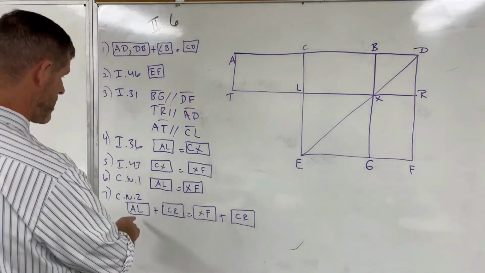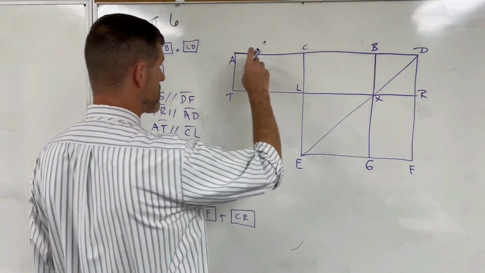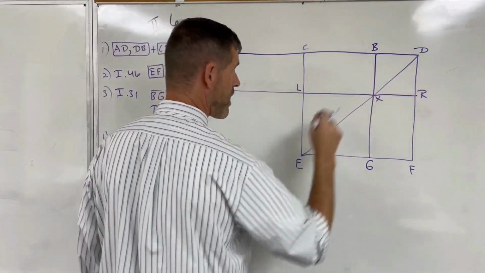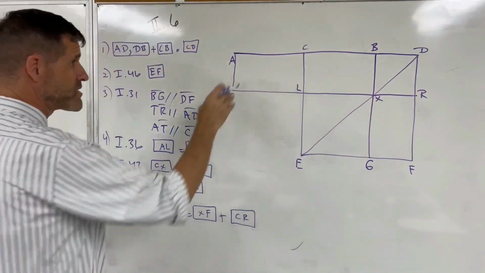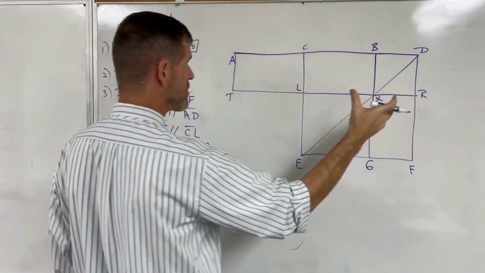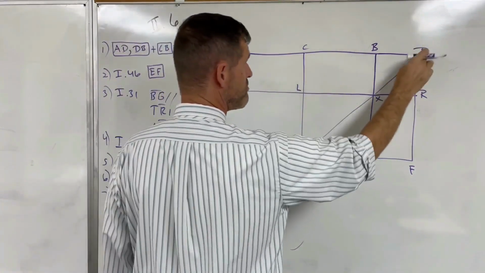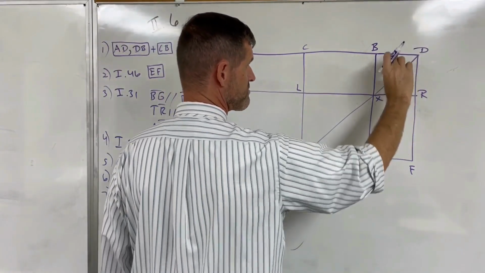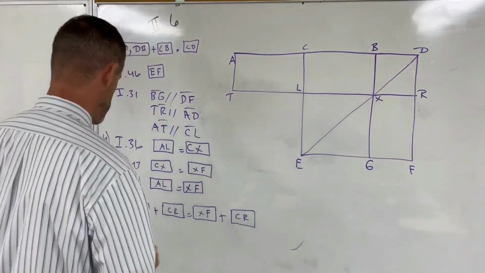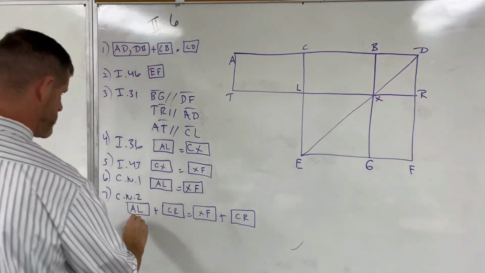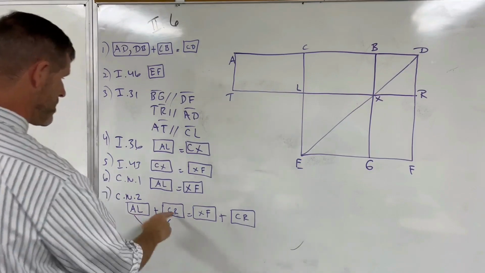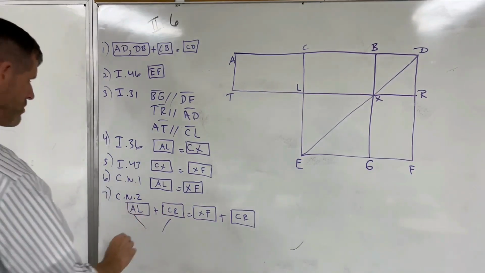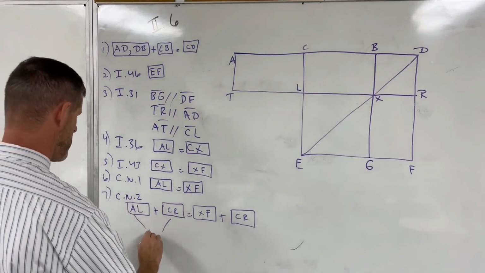Now, the rectangle AL plus CR is really just a big rectangle AR. But the rectangle AR is really the rectangle AD, DB, because BD is equal to DR, because this figure BR is a square. So those two together equal the rectangle AR.